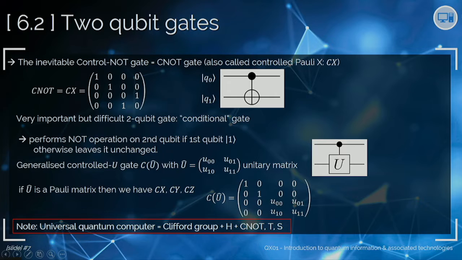So it's a conditional 2-qubit gate depending on the state of the first one. As a 2-qubit gate, it's a 4x4 matrix, and the representation is given like so.